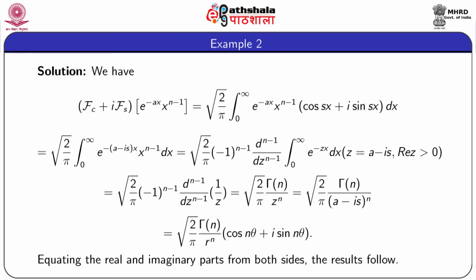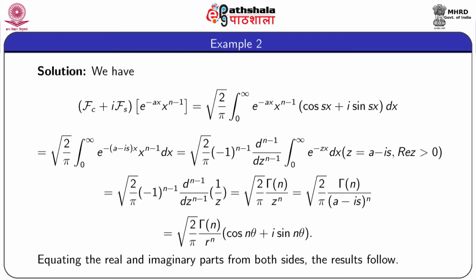Now, for the solution, we have curly Fc plus i curly Fs of the function e to the power minus ax x to the power n minus 1, that gives us root over 2 by pi integral 0 to infinity e to the power minus ax x to the power n minus 1 into (cos sx plus i sin sx), and this cos sx plus i sin sx is e to the power isx.